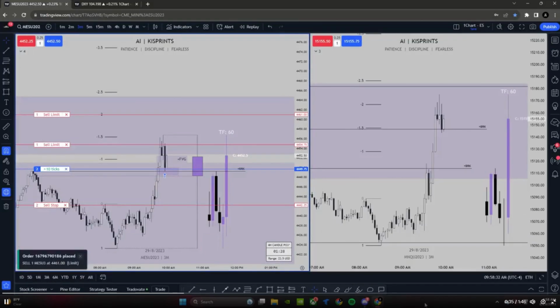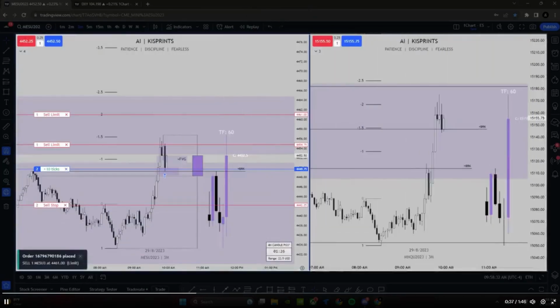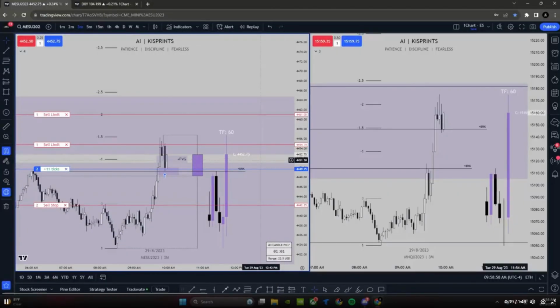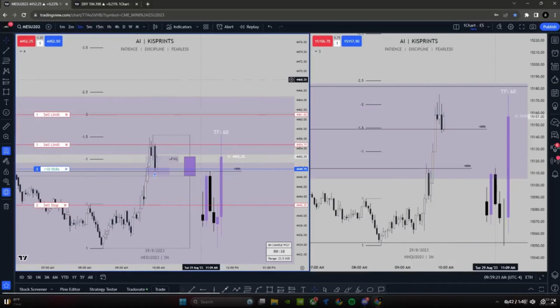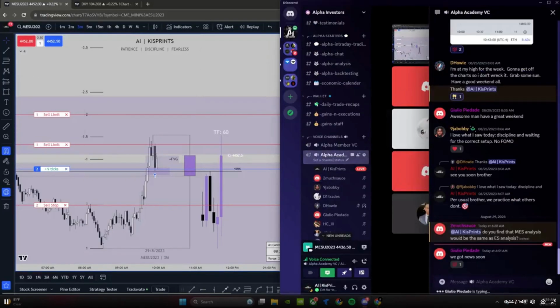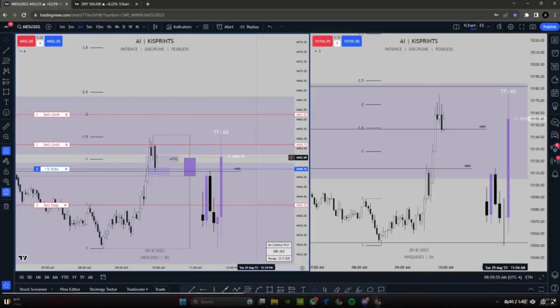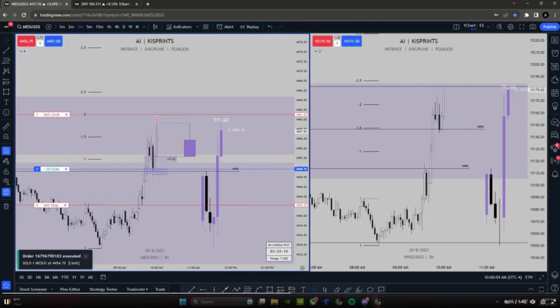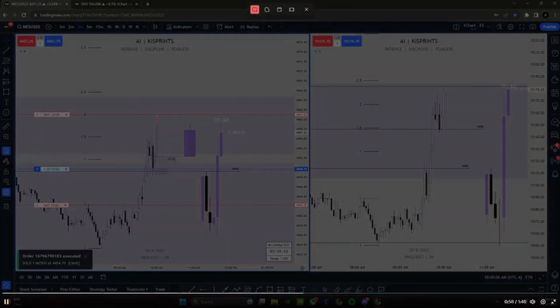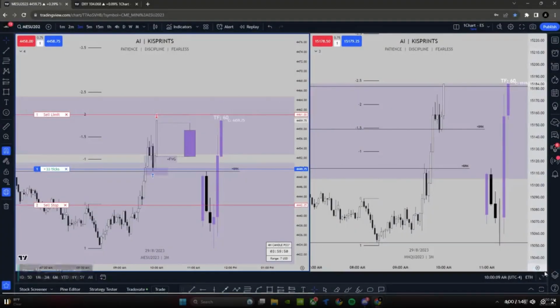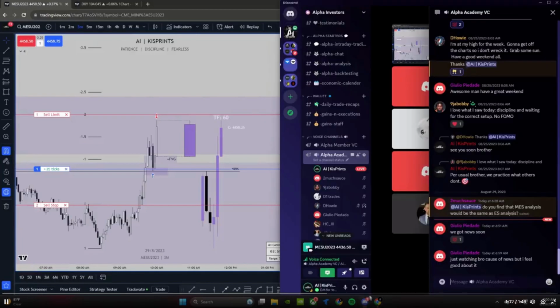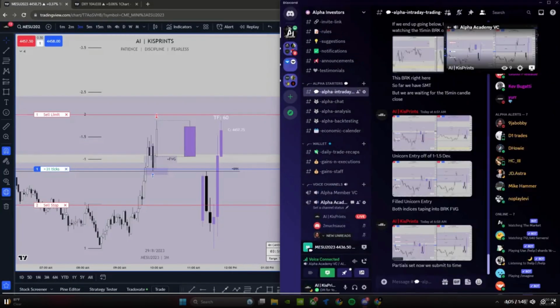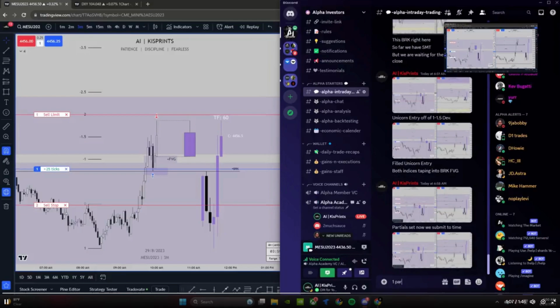So partials have been set. This is in the middle of a news driver though, so look at that. First partial taken. Straight to first partial. Let me screenshot that right there. And this should reach our second partial instantly. First partial.